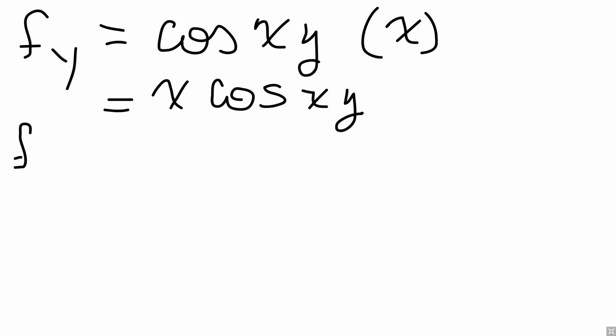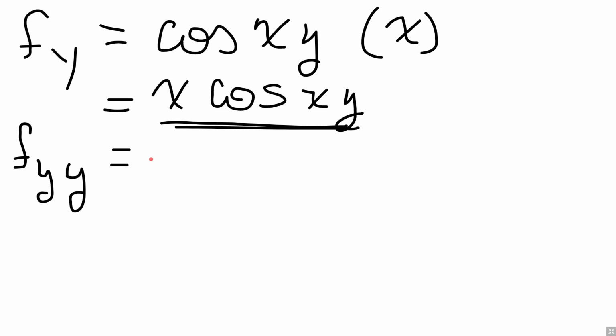So now what we're going to do is take the partial with respect to y again. We're just going to do it twice. So we're going to take the derivative of this with respect to y. Now, again, keep in mind that x is going to be a constant. So we're going to have x times the derivative of cosine, which is negative sine.